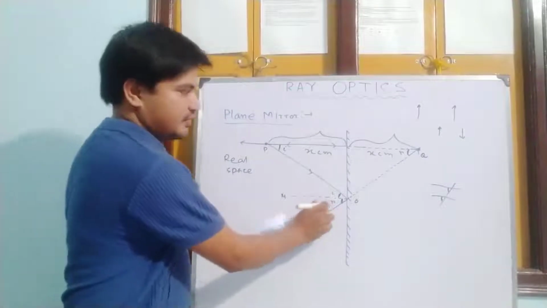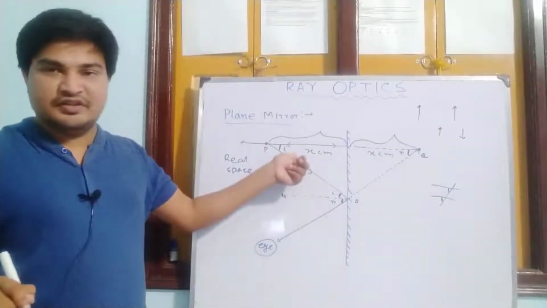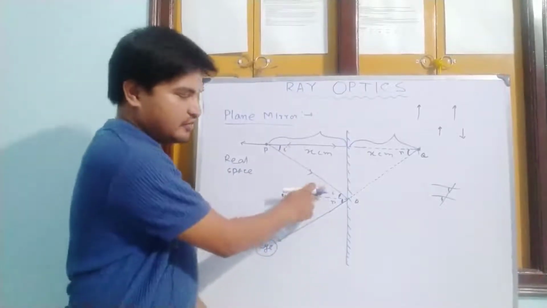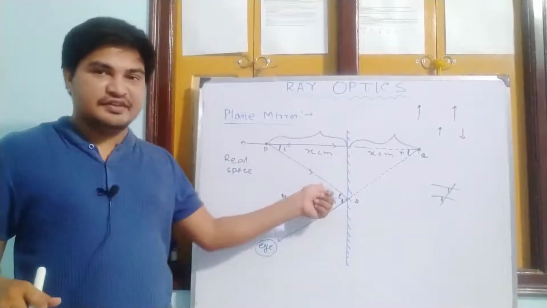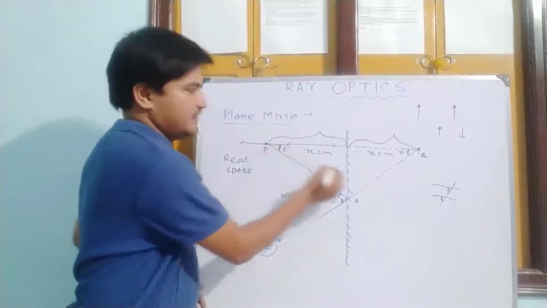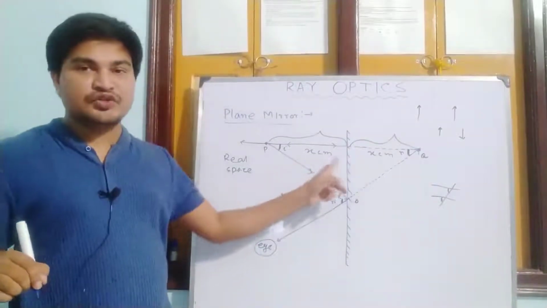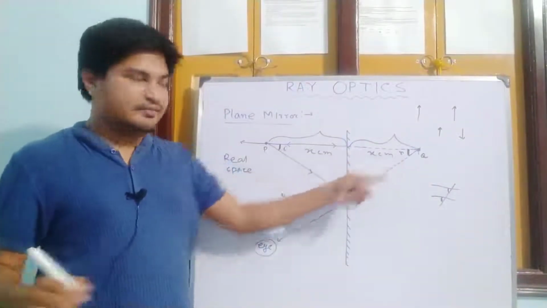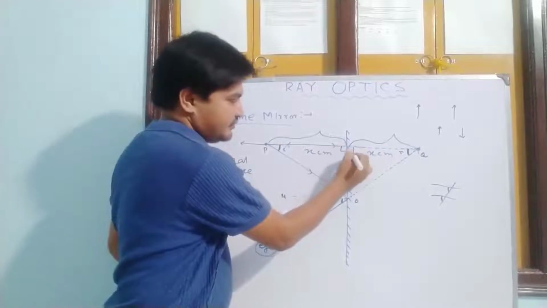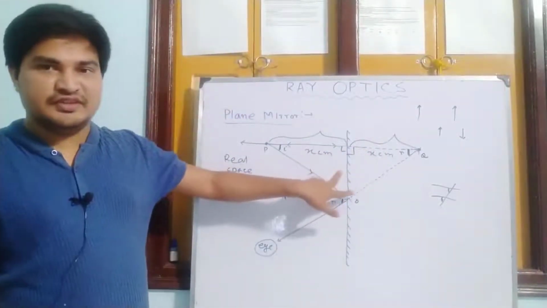So if this angle is R, it will also be R, and if this angle is I, it will also be I. So we know according to the laws of reflection, the angle of incidence equals the angle of reflection, that is I equals R. So we can say the value of this angle is equal to the value of this angle. So from these two triangles, these angles are the same. This is 90 degrees and this is a common side.